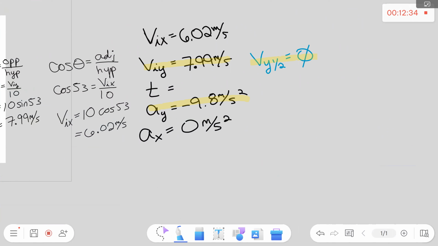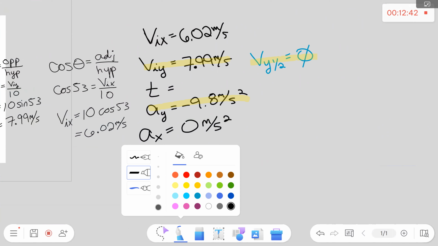Is there one of my kinematics equations that I could use to find T1 half now? One, right? I don't know anything about height, so I can't use 2 or 3.